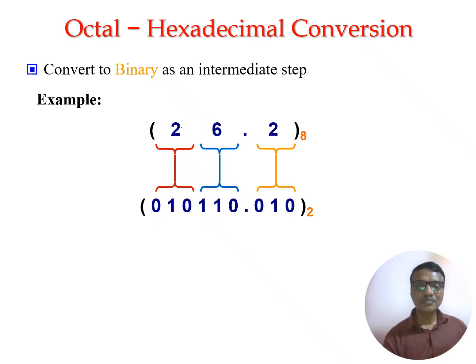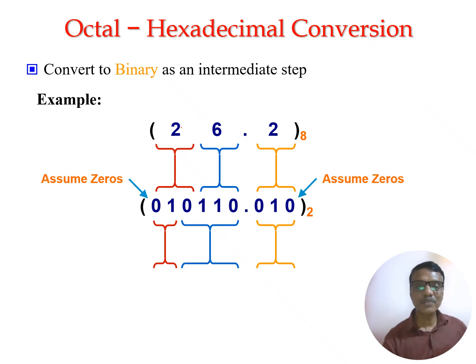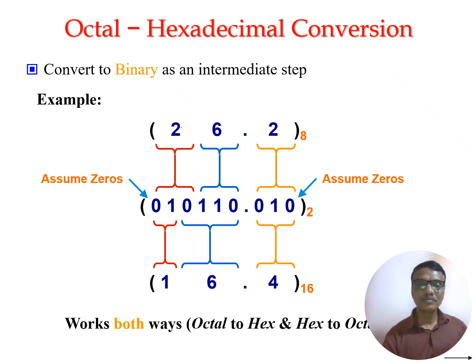So a group of 4 bits, we need to do the 4 bit formation like this, 0, 1, 1, 0, and its equivalent hexa value we have to write here, 16.4. So okay.